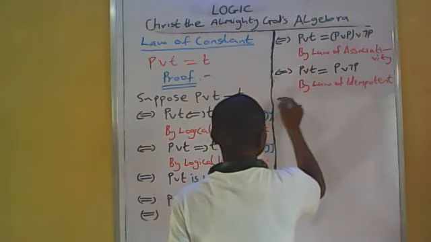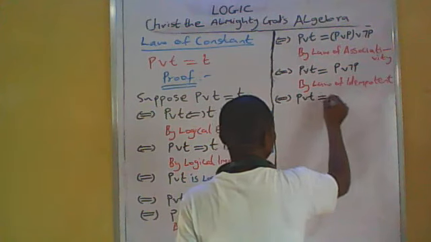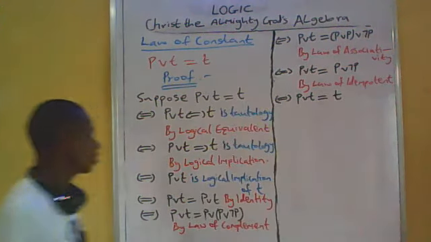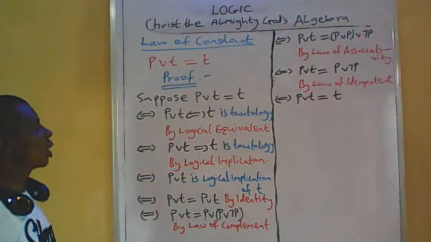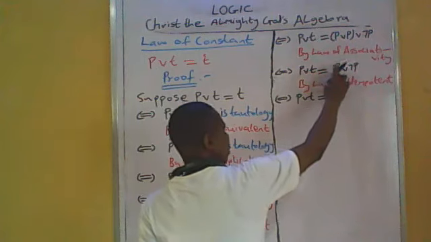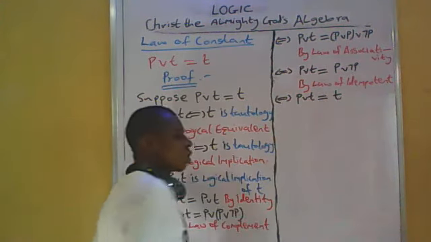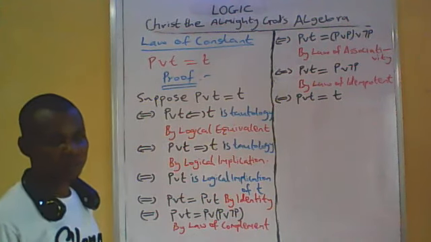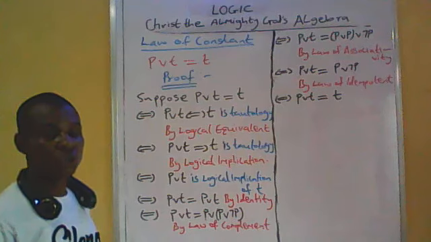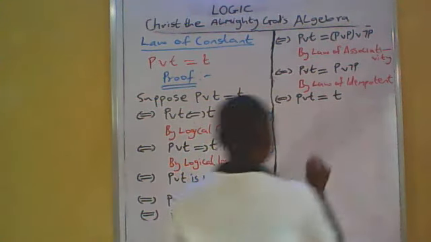If and only if P or T is equal to T. That means P or T is equal to P or not P is equal to T by law of complement.